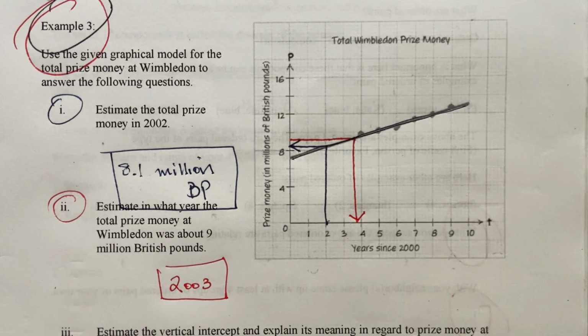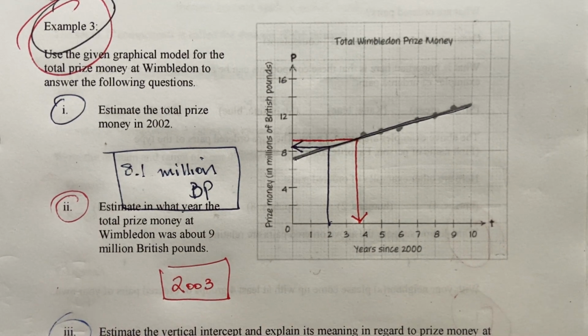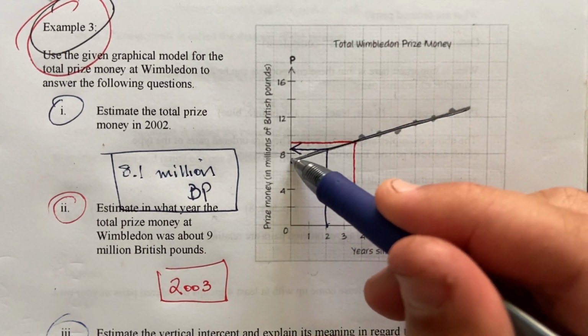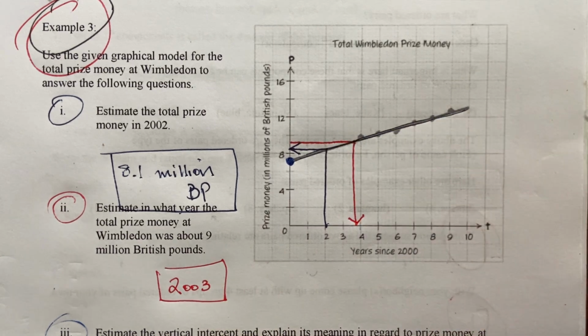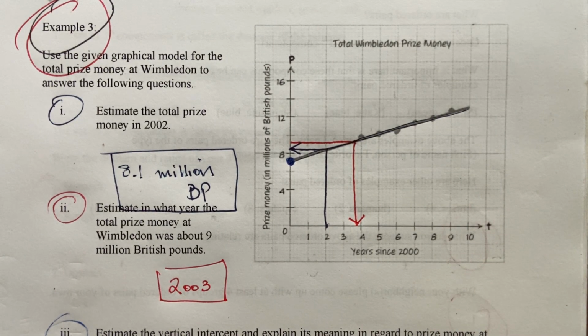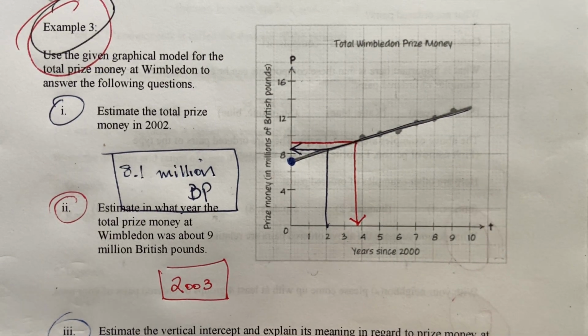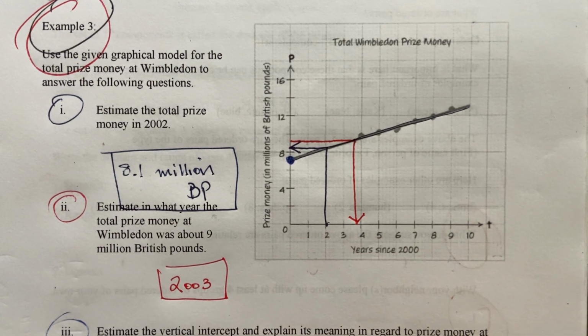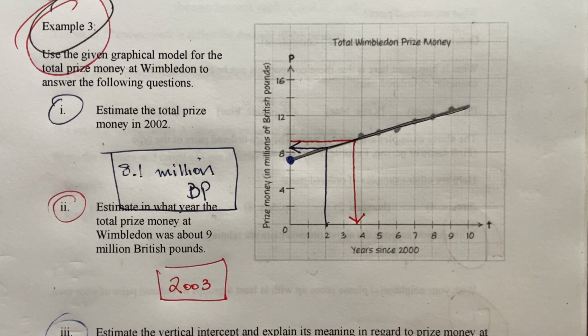Estimate the vertical intercept and explain its meaning in regard to prize money at Wimbledon. So the vertical intercept would be right there. And I would say it's about 7.